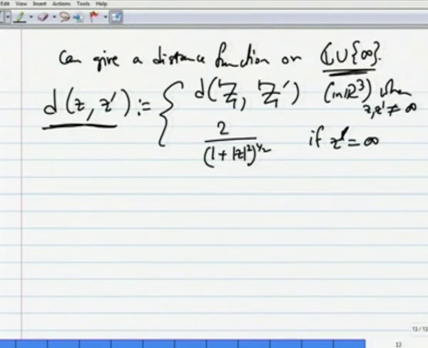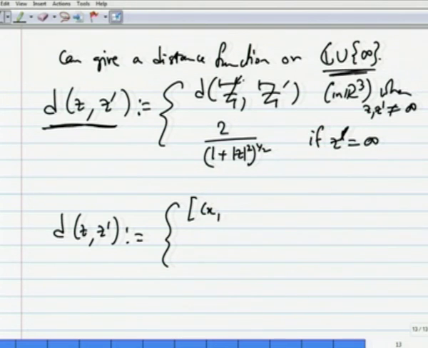Let me rewrite this. In terms of x 1, x 2, x 3 representing z and x 1 prime, x 2 prime, x 3 prime representing z prime, the distance between z and z prime is x 1 minus x 1 prime squared plus x 2 minus x 2 prime squared, of course that is the distance in R 3, plus x 3 minus x 3 prime squared, power half.